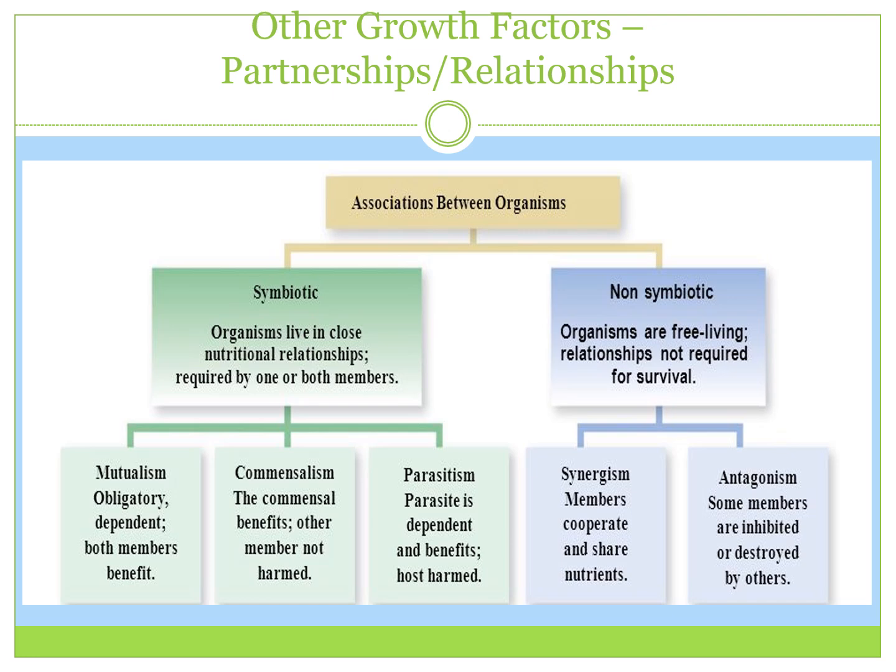We have synergism and antagonism. Synergism is where members cooperate and share nutrients. It's kind of like a kindergarten, sharing is caring situation, and antagonism is where some members are inhibited or destroyed by others. So it's kind of a make love, not war situation in a non-symbiotic relationship.